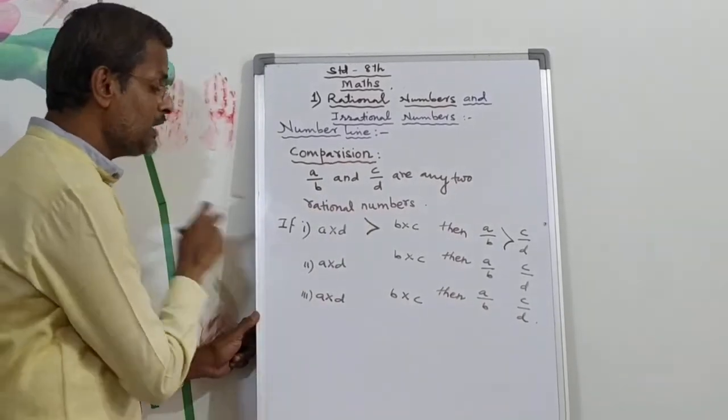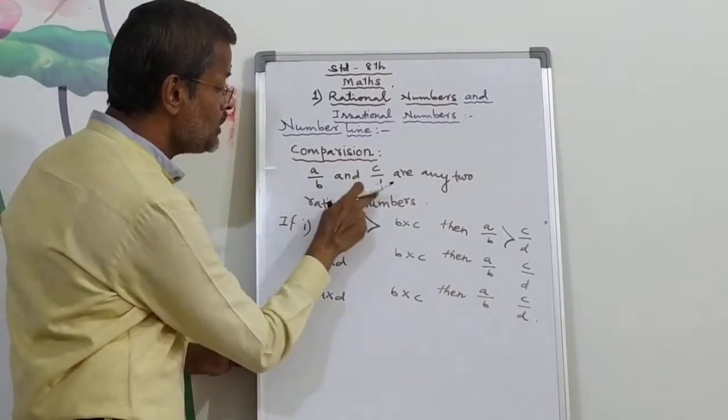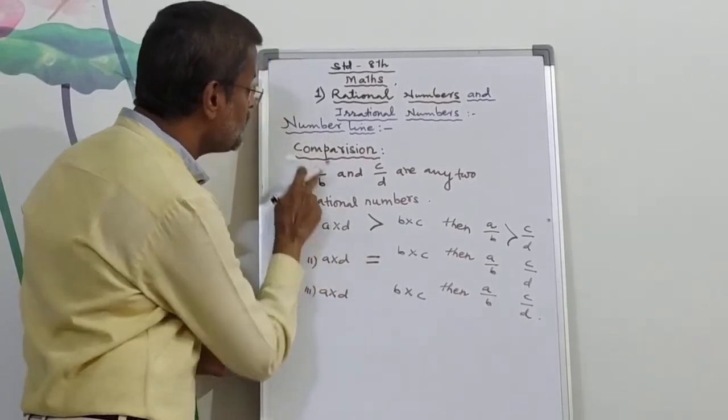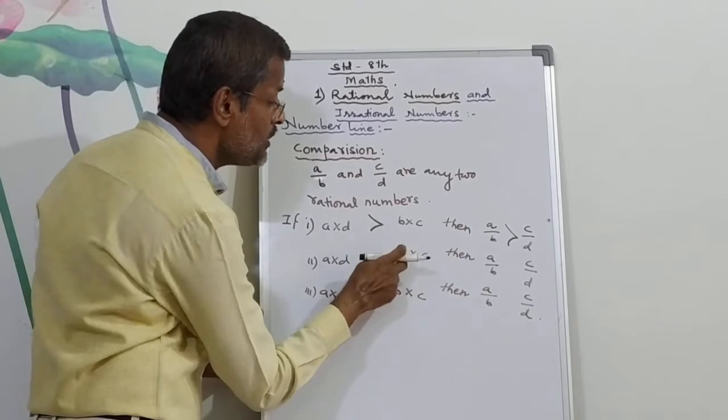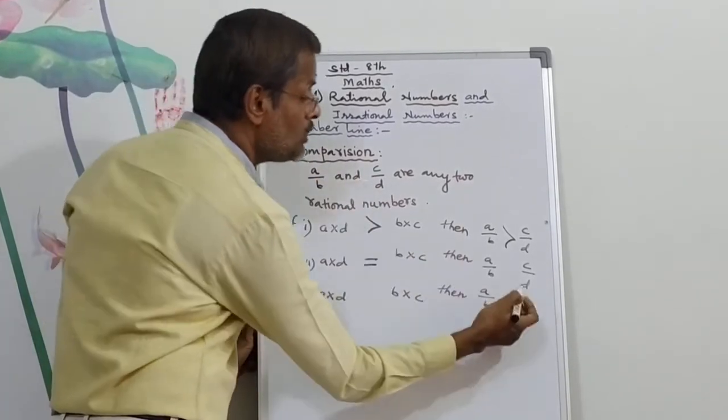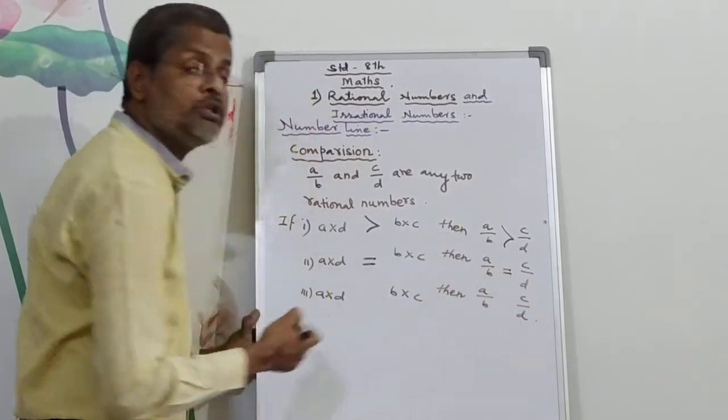Now the second condition: if A into D is equal to B into C, then these two rational numbers will be equal.